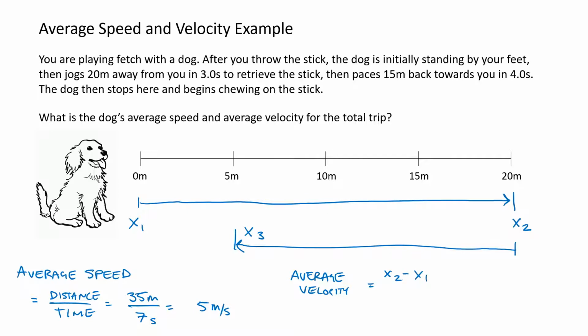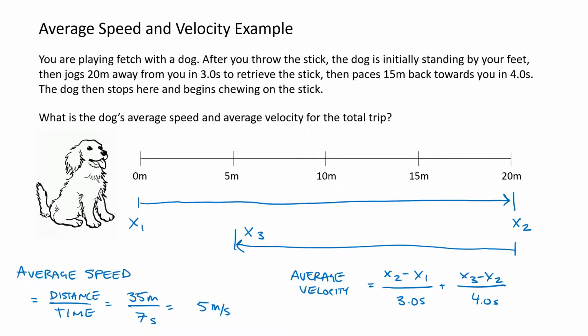So this is that first blue line I have on the top. So that's the first displacement over how long it takes to do that. And we need to also include the second displacement, x3 minus x2. Because final minus initial for that second path is going that way. And it takes 4 seconds for it to do that.